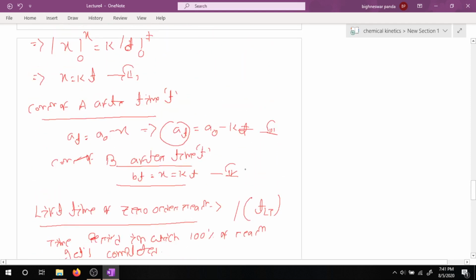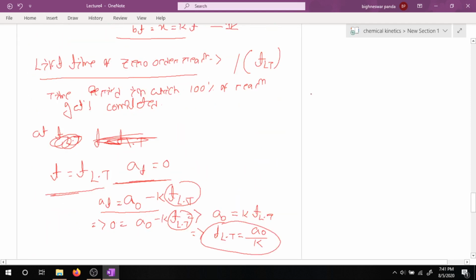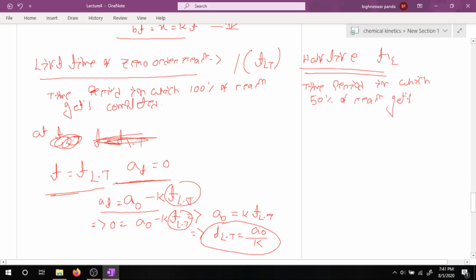Similarly, we have to calculate the half-life, that will be t half. Similarly, for the lifetime it was the time period in which 100% of the reaction gets completed, so here I can write the time period in which 50% of the reaction gets completed.